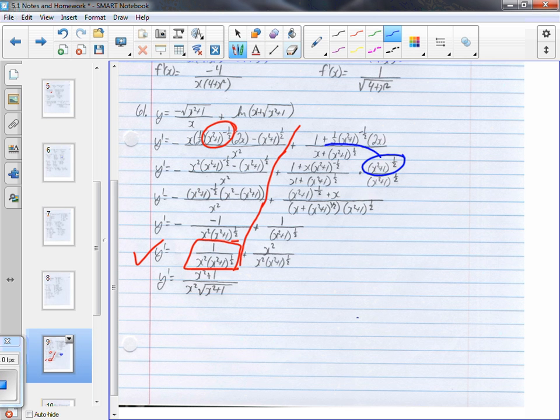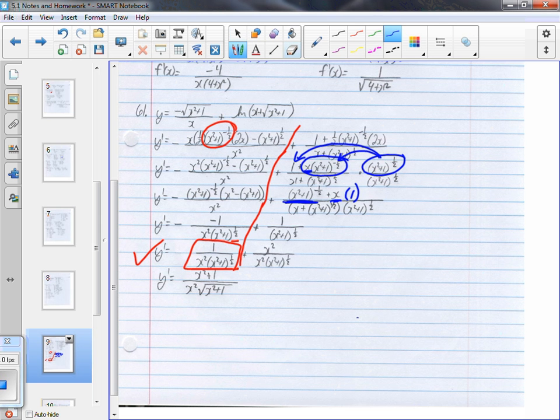Now, when I multiply that times 1, I get that. When I multiply that times this, when I multiply those two factors with the same base, negative 1/2 plus 1/2 is 0. What's that expression with an exponent of 0? 1. So times a 1, and the only thing I have left is an x.